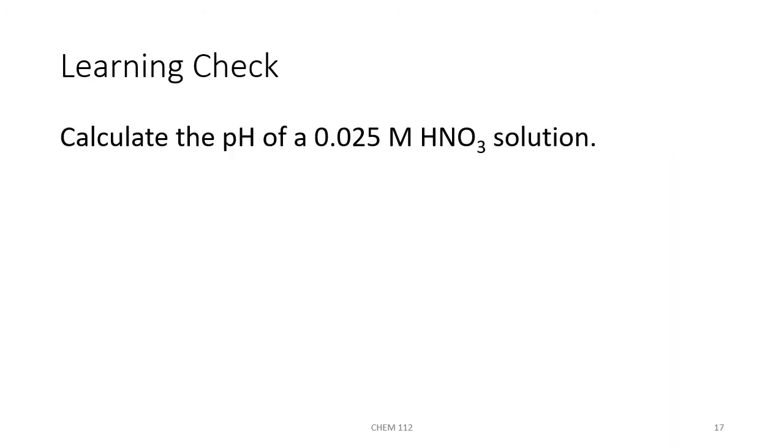In previous problems where we calculated the pH or the pOH, we were given directly the hydrogen ion or the hydroxide ion concentration. This is different because it says calculate the pH of a 0.25 molar HNO3 solution. The first thing we want to be able to identify is that HNO3 is nitric acid, and nitric acid is one of our strong acids.